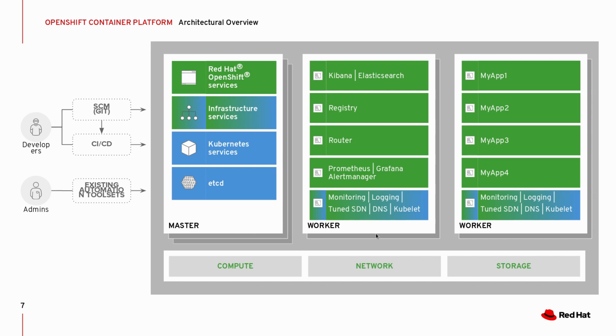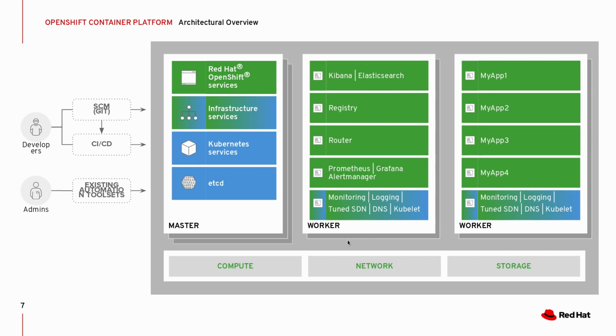And then we have the second type of machines, the workers. On workers, you can install both the containerized OpenShift infrastructure components, like the monitoring stack, the networking, ingress networking, container registry, or log aggregation, as well as your own applications.